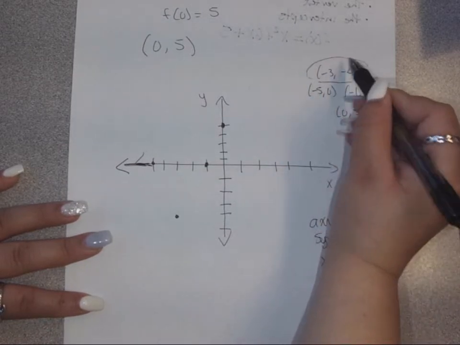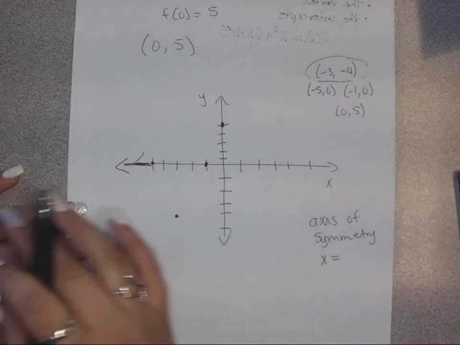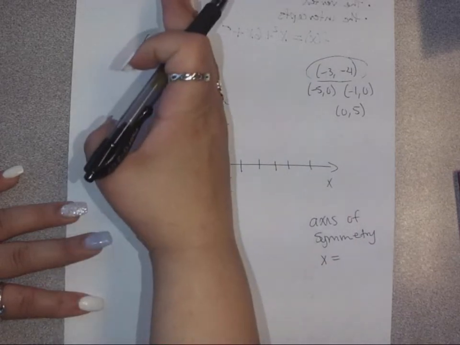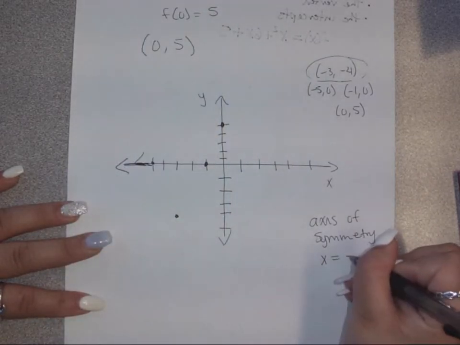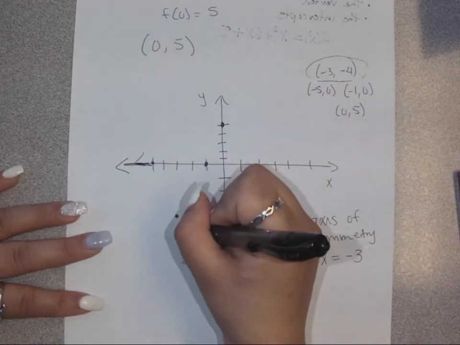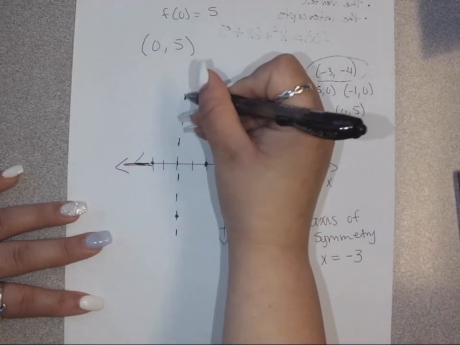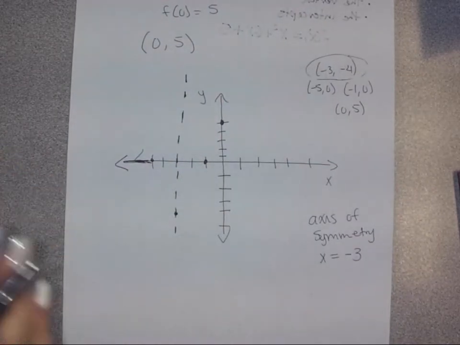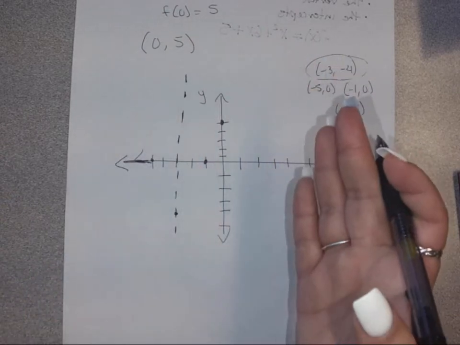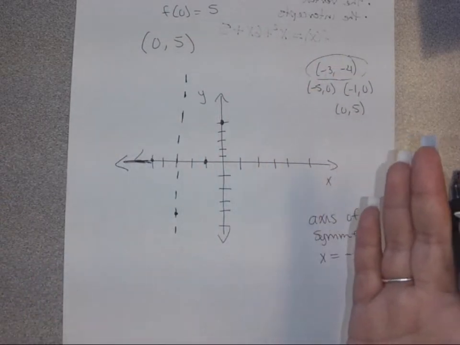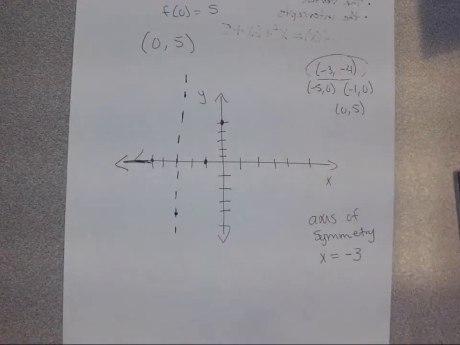So if our vertex is the point negative 3, negative 4, the x value we're crossing is going to be x equals negative 3. You can think of our axis of symmetry as this line that goes right through our vertex, which tells us the right half of our parabola is exactly symmetric to the left-hand side.